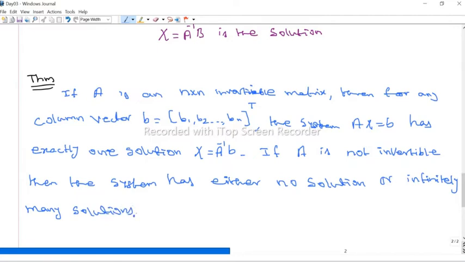So if the matrix is invertible, the system has a unique solution. If the matrix is not invertible, either the system has no solution or infinitely many solutions. Okay, this is a very important thing.